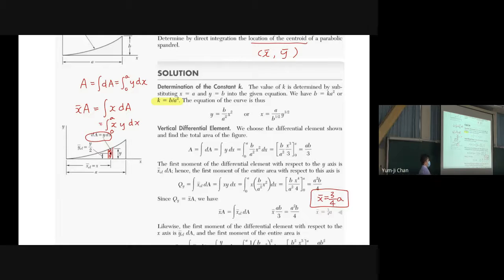There are two ways to determine y bar. The first way is to cut slices in the horizontal direction, but this is very difficult because you will get something like this. We are doing it in a different way.